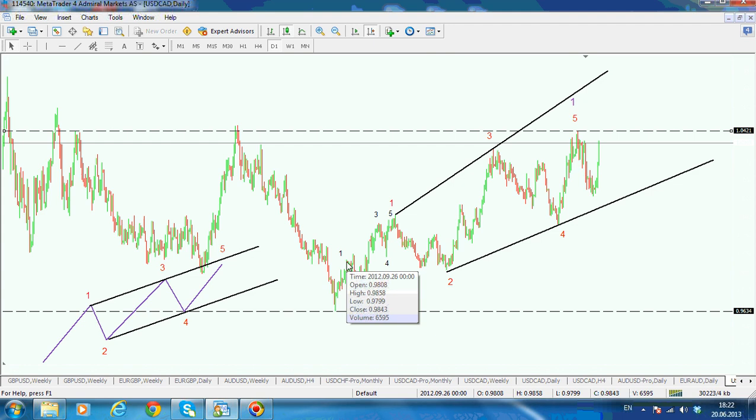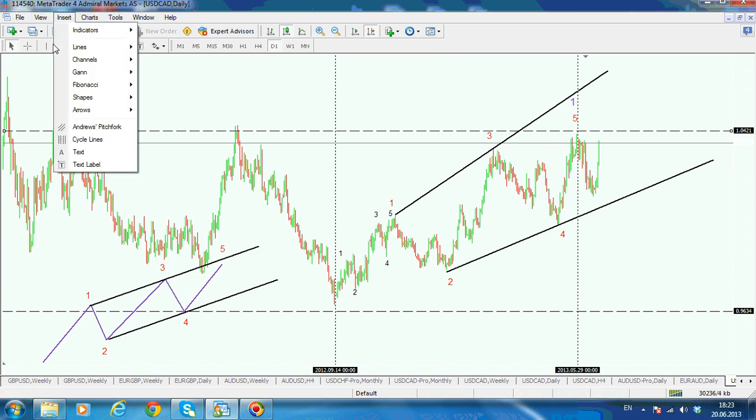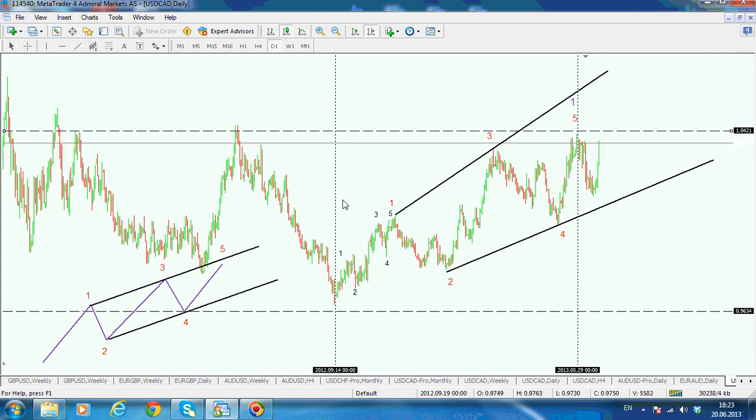So first, let me try to mark the boundaries for the leading diagonal so that you know what I'm looking for. So this is the leading diagonal that I'm looking for, and let's take a shape from here to here like this. So this is the possible leading diagonal.